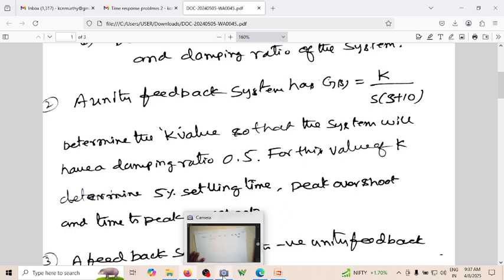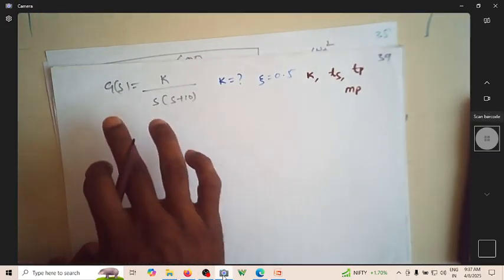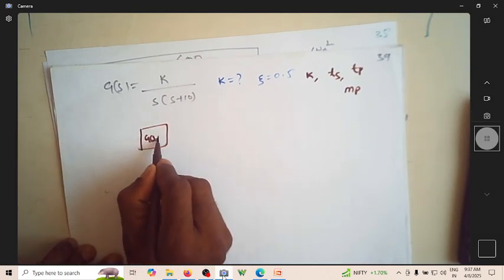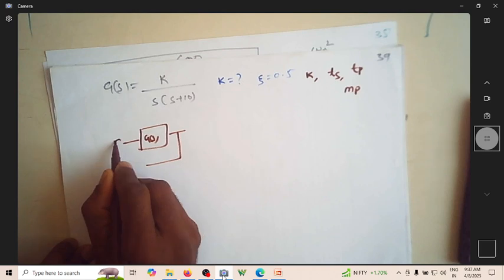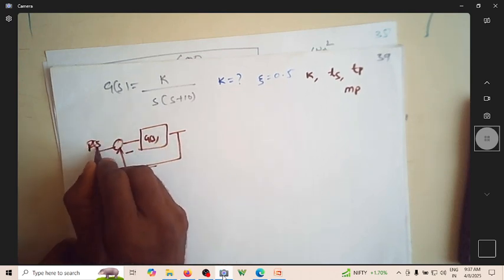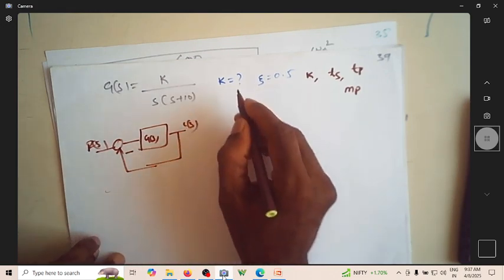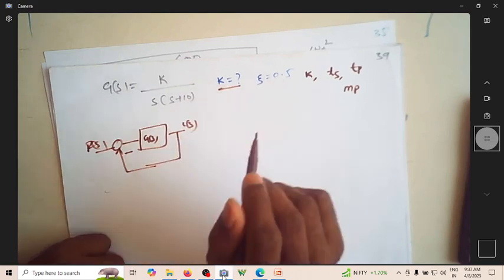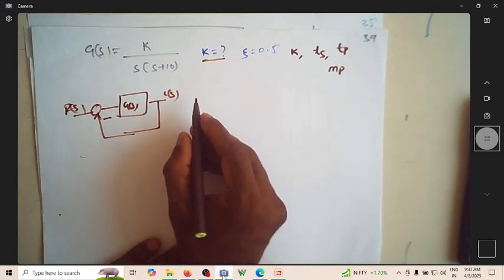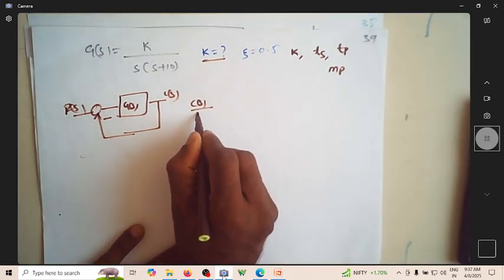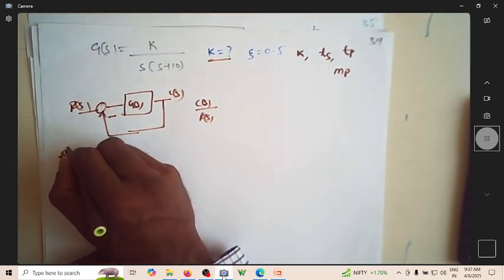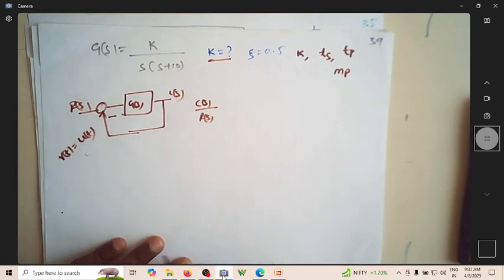This is what is relevant. This is a system having unity feedback. So this is your G(s), and this is having unity feedback. You can see this is minus. This is R(s). This is C(s). We are asked to find the value of K such that zeta is 0.5. So now let us find what is C(s) by R(s), for a unit step input.